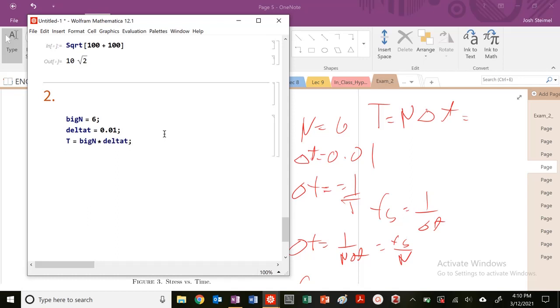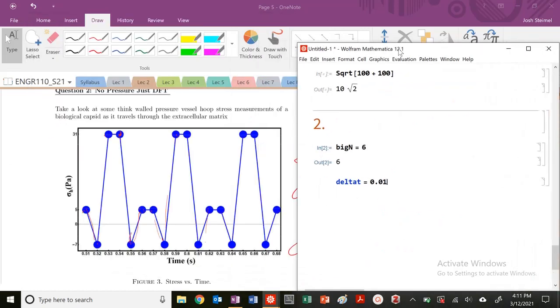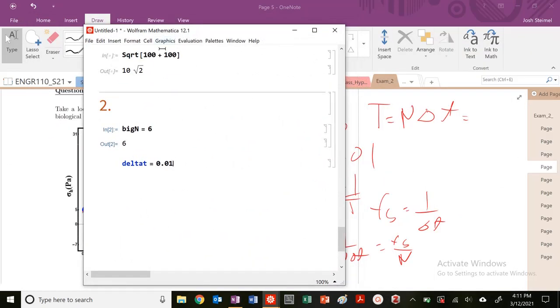Actually, we don't want to suppress any of these outputs, so I'm going to put them all on separate lines and do a little reformatting. I usually wouldn't format my code this way, but for ease of keeping track: my big N is equal to 6, and delta t is equal to 0.01. Let's make sure that's the case. Yep, 0.01.